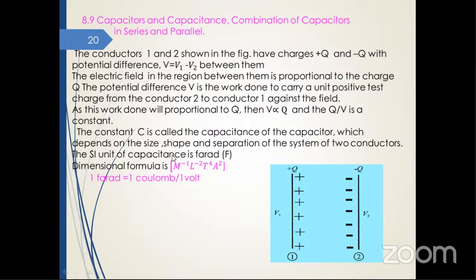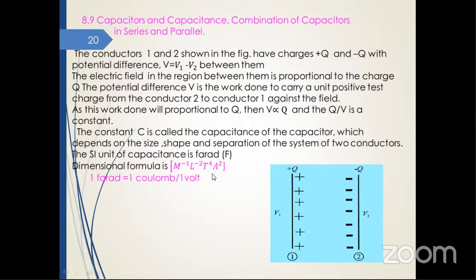See the SI unit of capacitance. The SI unit of capacitance is farad. As per the definition Q upon V, 1 farad is equal to 1 coulomb upon 1 volt. With the help of this formula, we can obtain the dimension, that is M raised to minus 1, L raised to minus 2, T raised to 4, and A raised to 2.